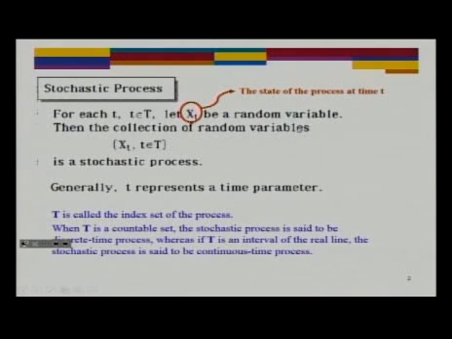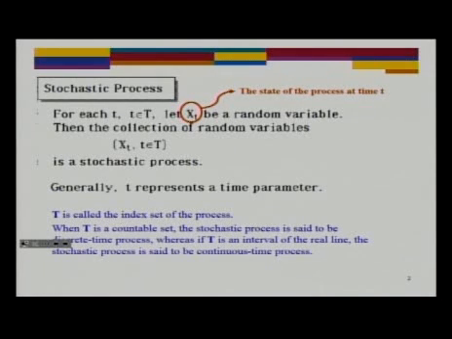And the capital T is called the index set of the process. When the capital T is a countable set, the stochastic process is said to be a discrete time process. Of course, if T is an interval of the real line, then we call it a continuous time process. Is that right?